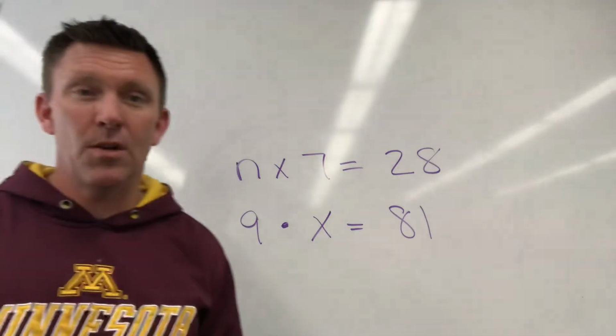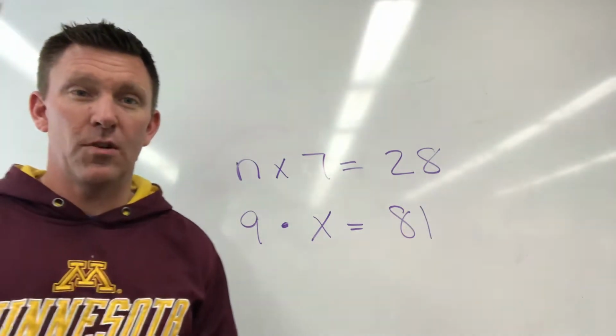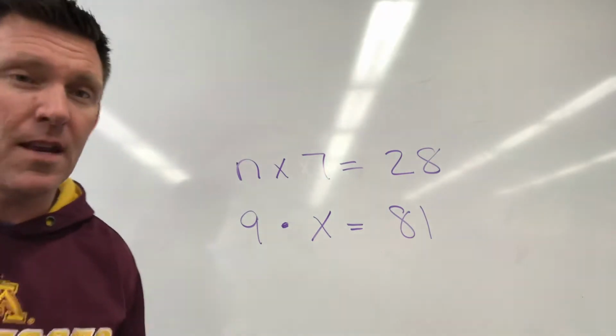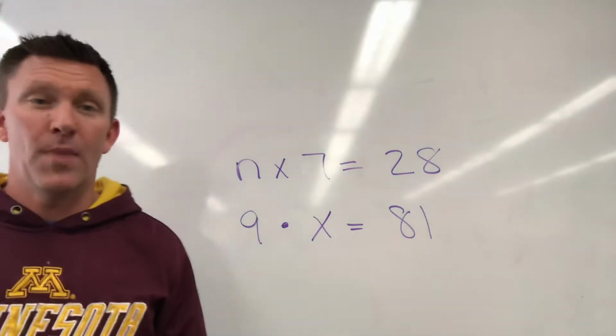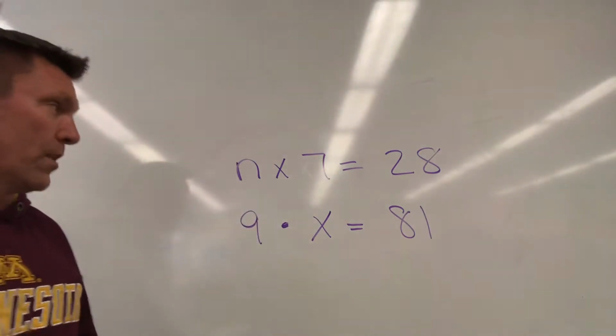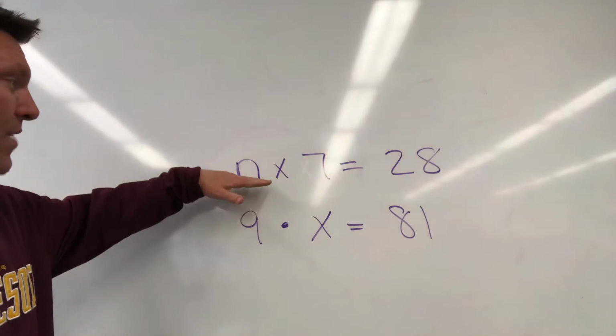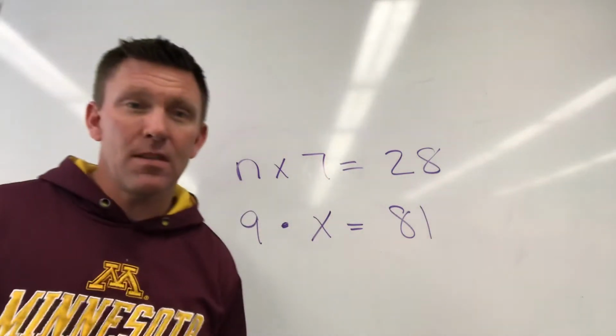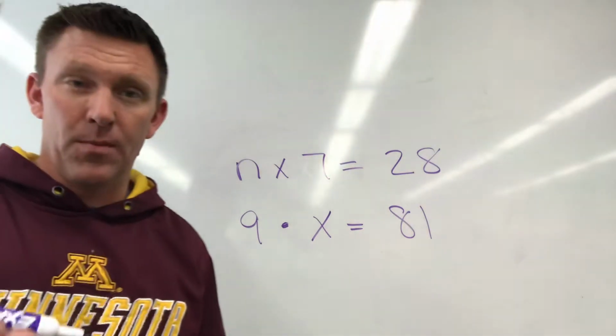And we probably don't need to use too many algebra strategies to find these. We should just know the answer by looking at them if we paid any attention, because we were supposed to know our basic facts going all the way back to October of 2019. That's quite a while ago now. But if you look at the first one, we have n times 7 equals 28. Remember that n, that letter in the equation, is known as a variable, okay?